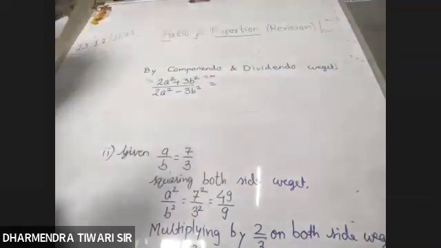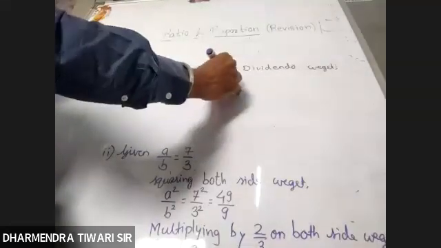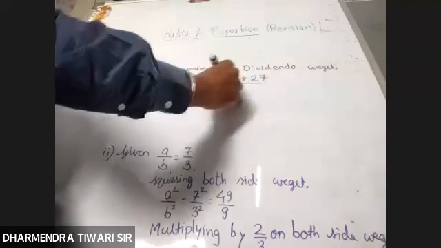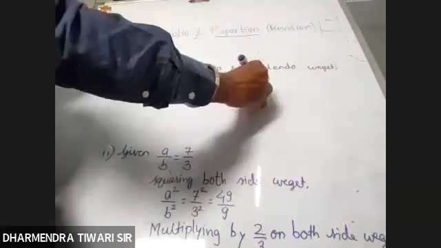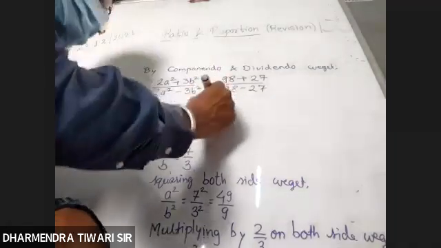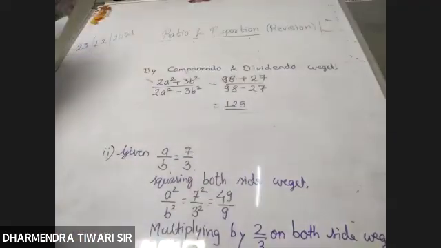This is for the left hand side, and similarly applied on the right hand side, that is 98 plus 27 divided by 98 minus 27. 98 plus 27 is 125 and 98 minus 27 is 71.